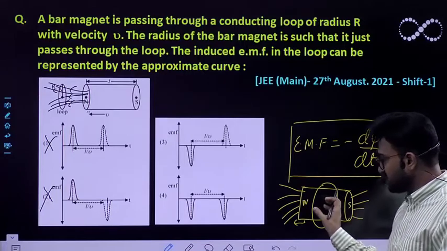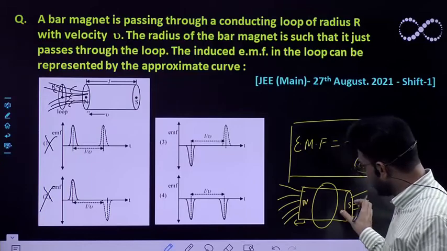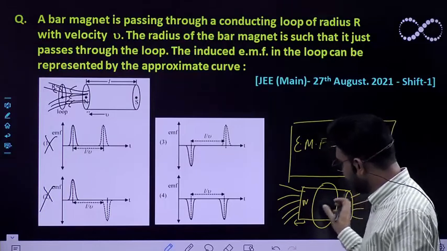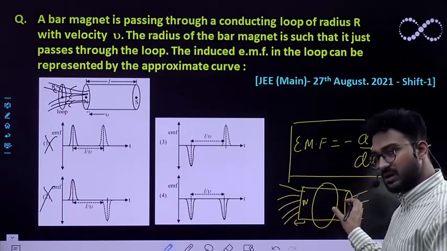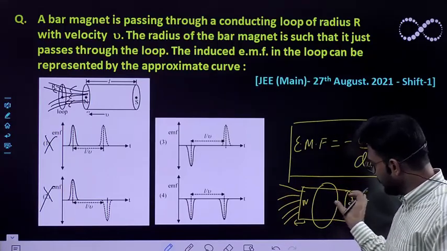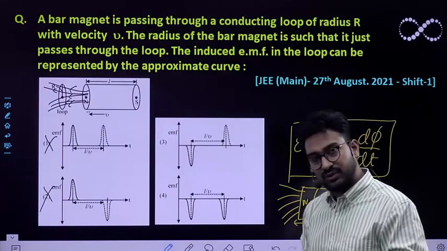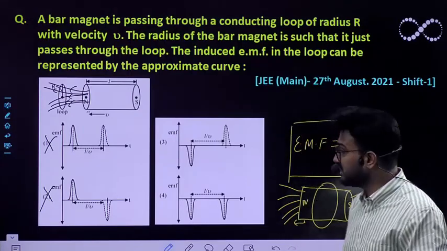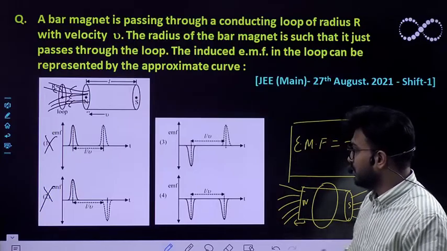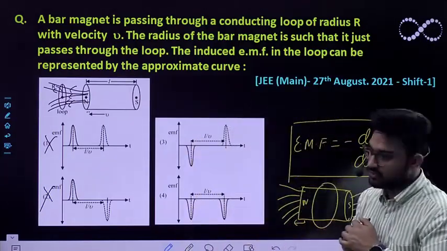So there is no flux change. When the entire bar magnet is inside the loop and moving, the net flux must be constant, so the induced EMF must be equal to 0. For this portion the induced EMF is also 0.